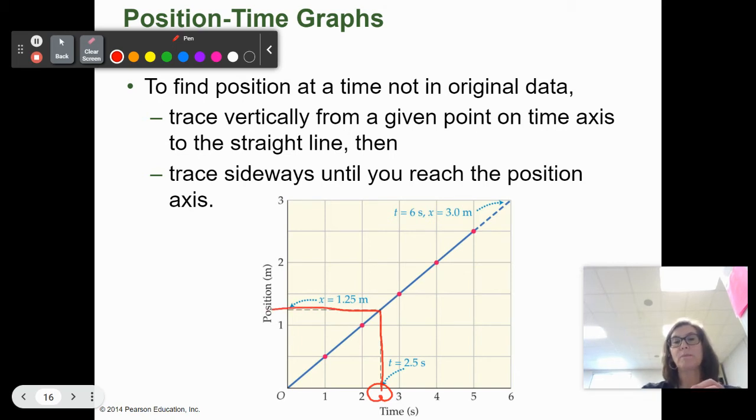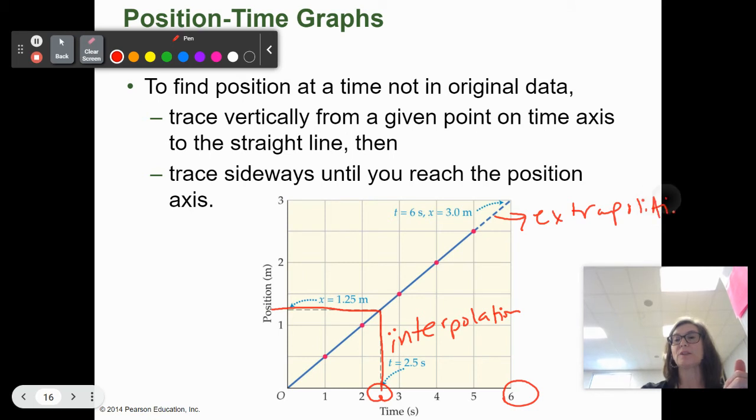If we're talking about a point not on the line, so if we're talking about 6 seconds, which is way over here, this is called an interpolation, because I'm looking at what's going on within the data, in between the data points. And this is called an extrapolation, because we're referring to things happening outside of the data table.